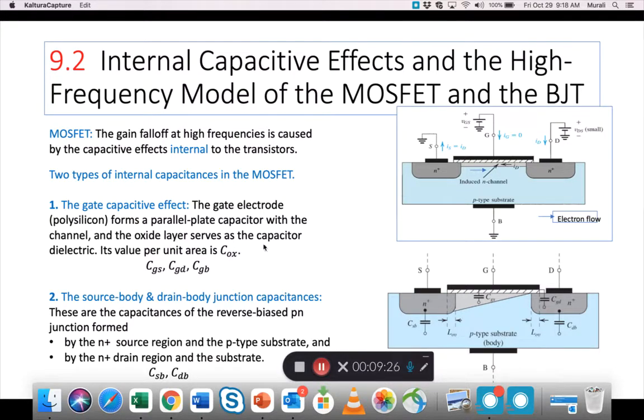Now there can be gate to source. So gate to source, there is a capacitance as shown here.